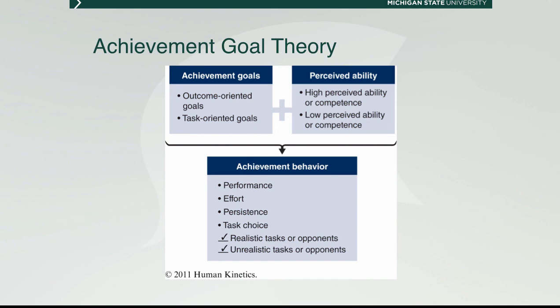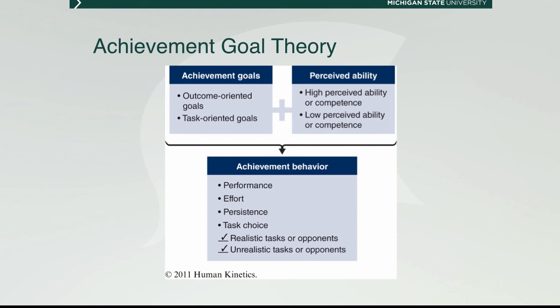So clearly these are going to link and interact with your perceived ability. So if you're outcome-oriented, but you have this low perceived ability or competence, then really your achievement behavior is going to look a lot different than someone who is task-oriented who thinks that they're really good.